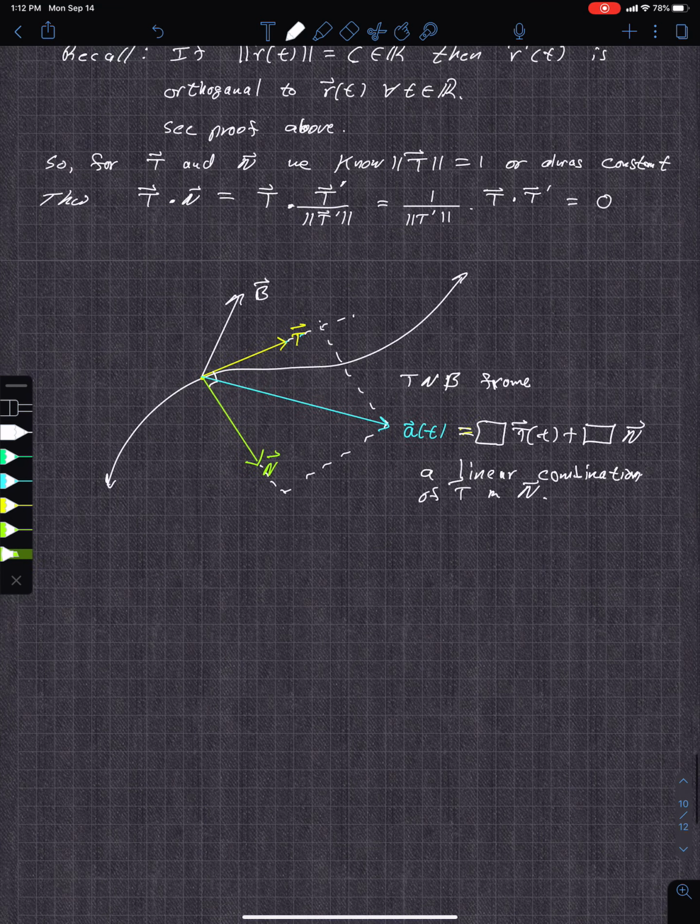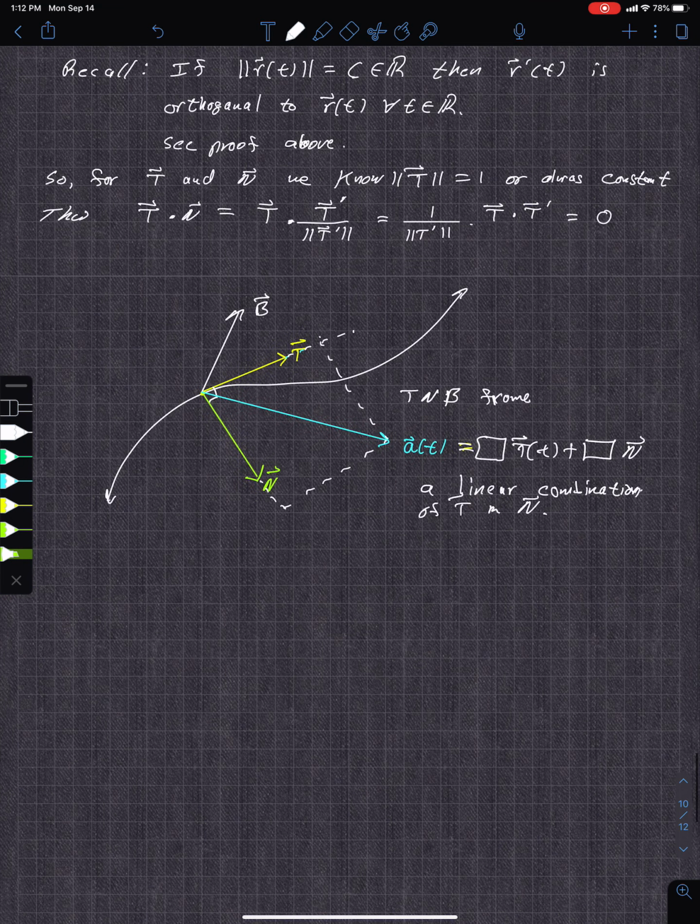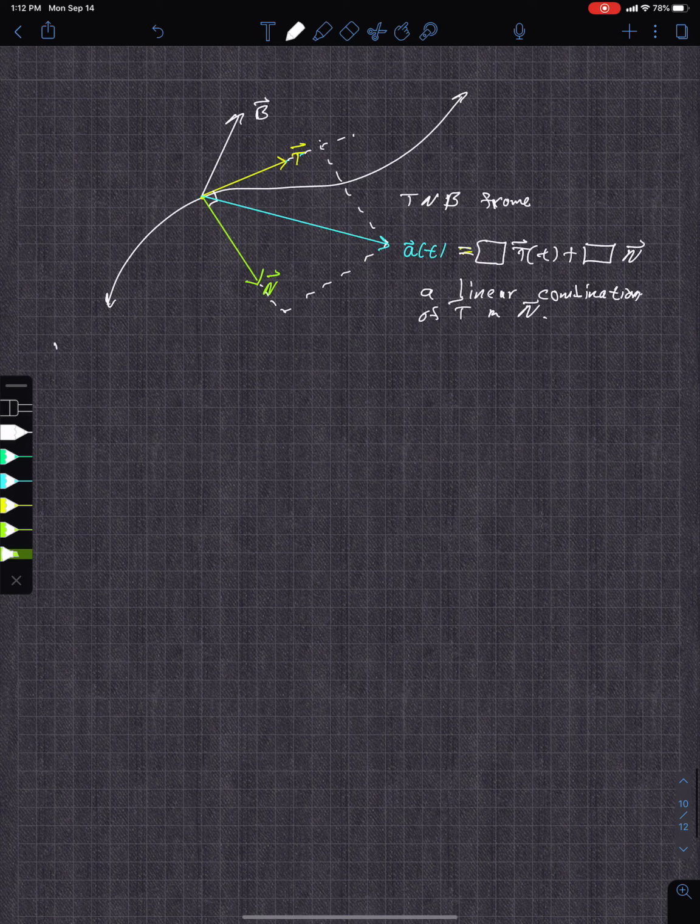Let me define that, since it's important enough to define and comes up a lot. Definition of a linear combination: let U and V be vectors in R3, or it doesn't really matter, Rn.